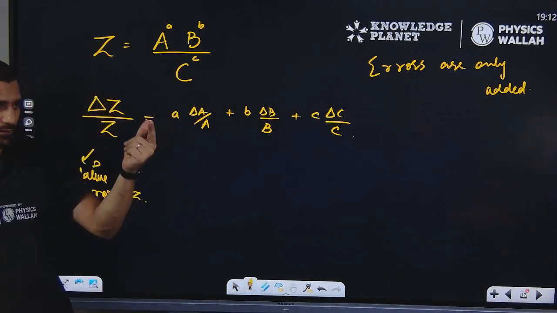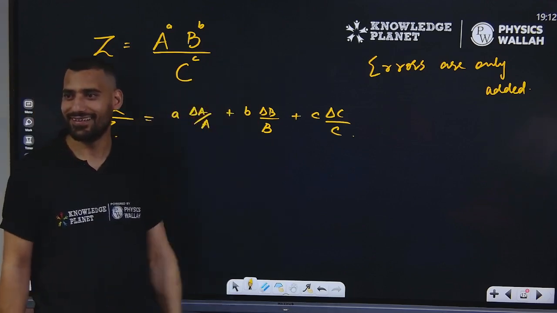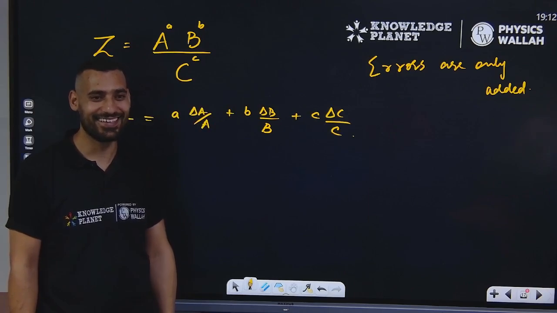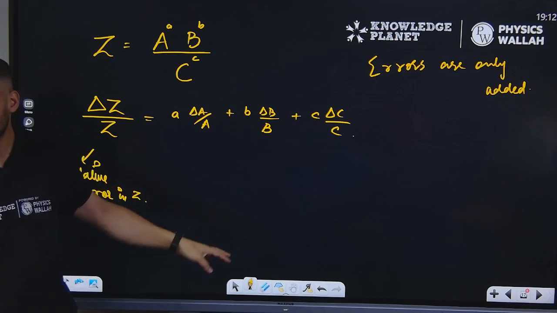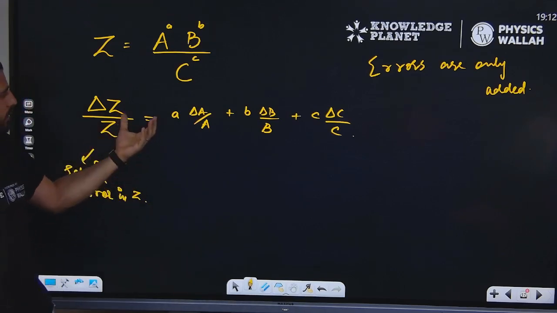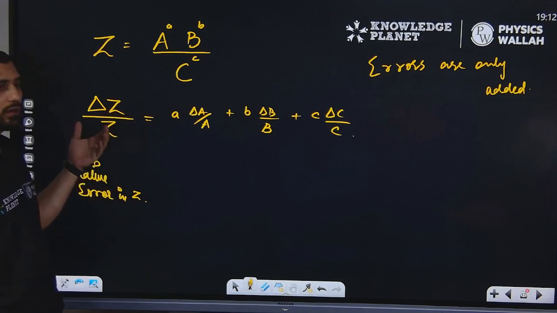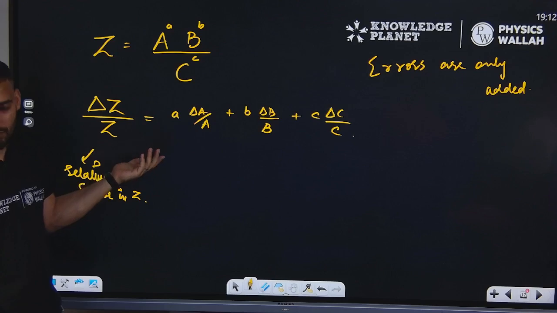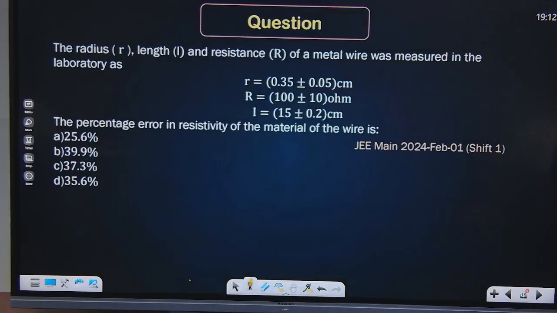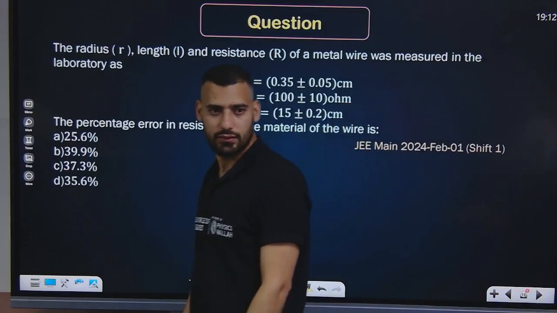Is that clear? Is it fine? Yeah. So whenever this is asked, this is called relative error. Sometimes he will ask for percentage. Let's go to the question. How do you get absolute error?